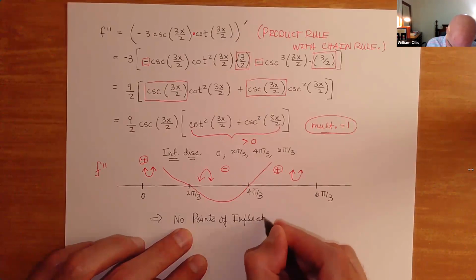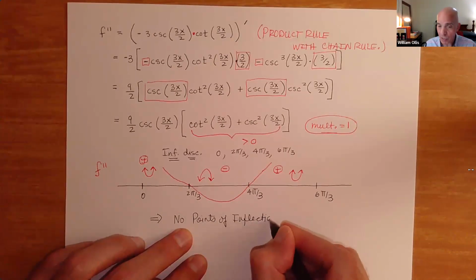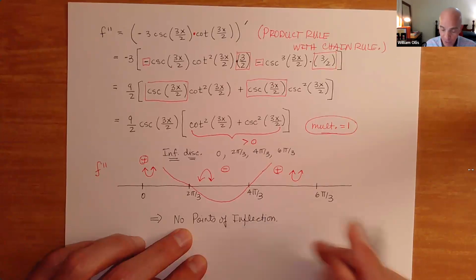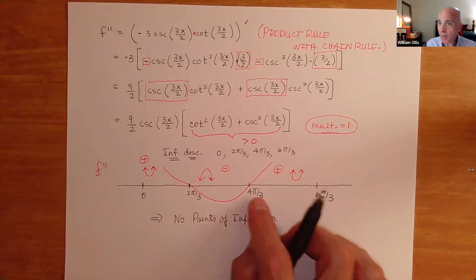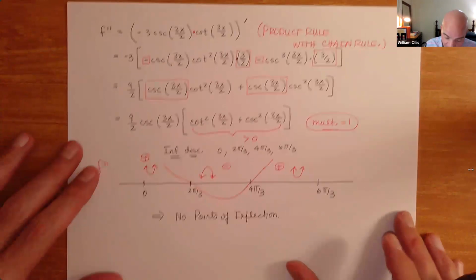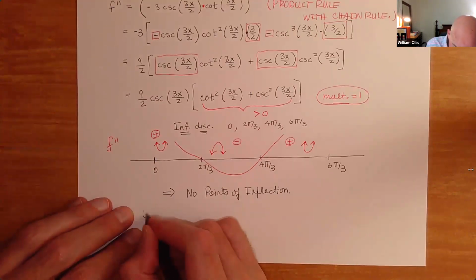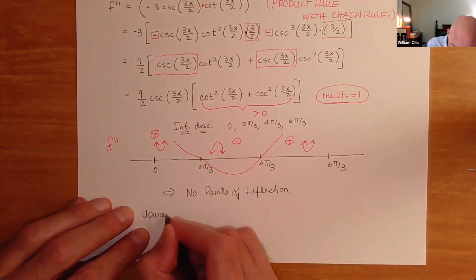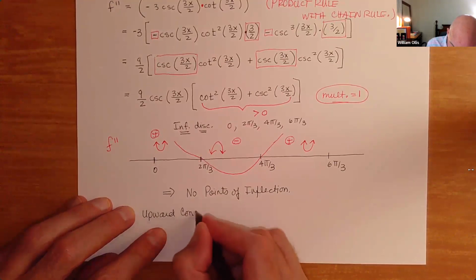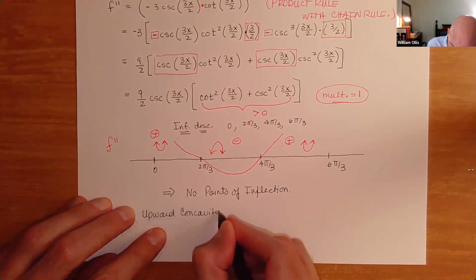Of course, if you had one, you'd have infinitely many of them, because this would just repeat, every 4 pi over 3 radians, because that's the period. And now, of course, we have upward concavity. Let's just write this, upward concavity, and we'll give the open sets.